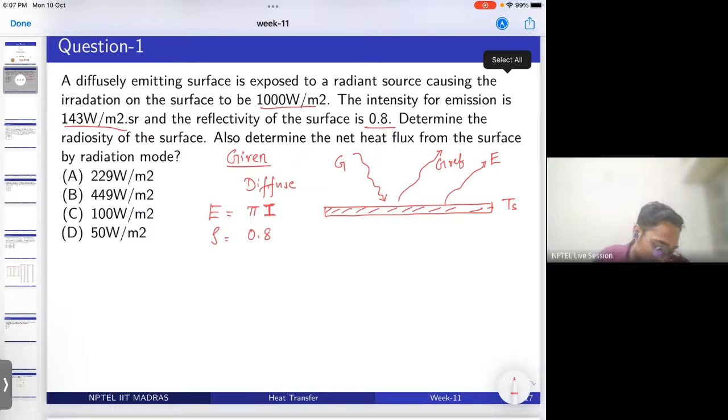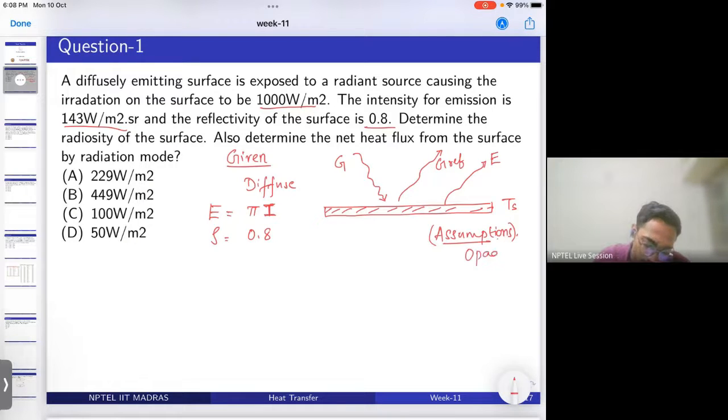As it is not mentioned clearly, we can assume that it is an opaque object.